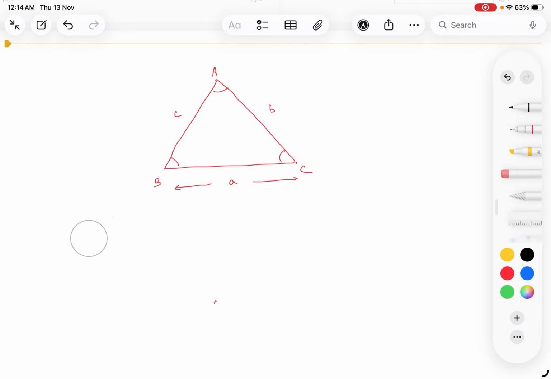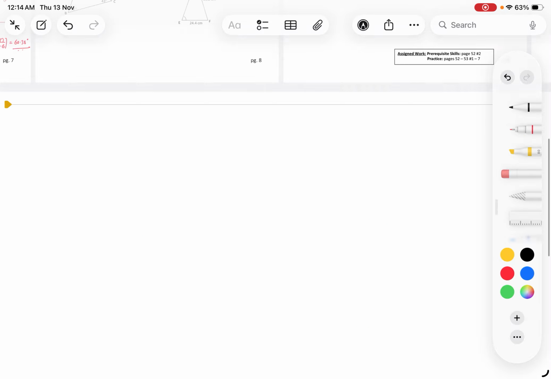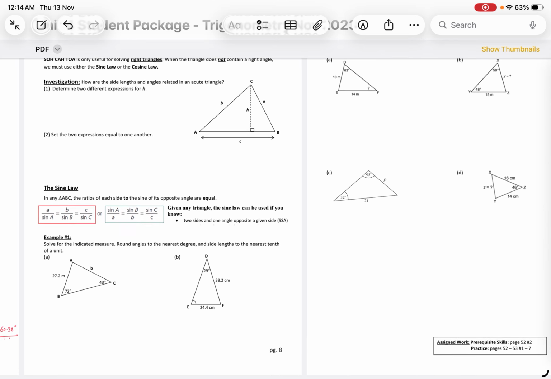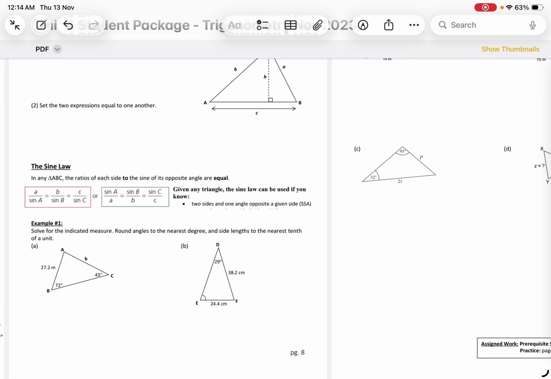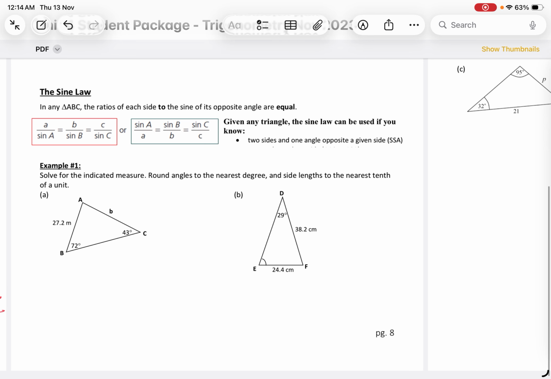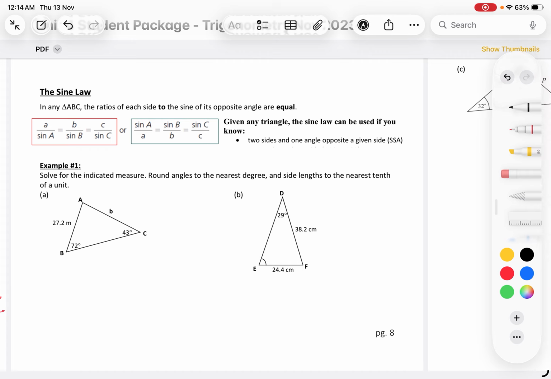Let us do a few questions on this. Solve for indicated measure, round angles to the nearest degree and side length to the nearest tenth of a unit.